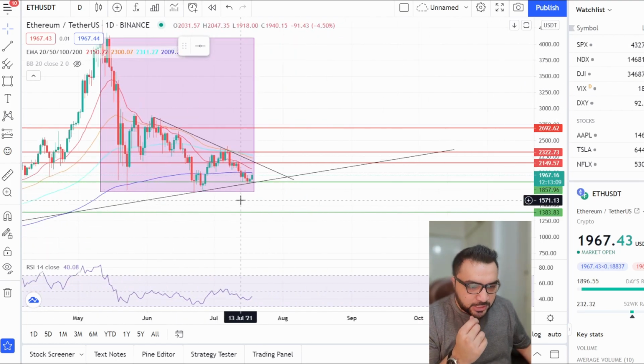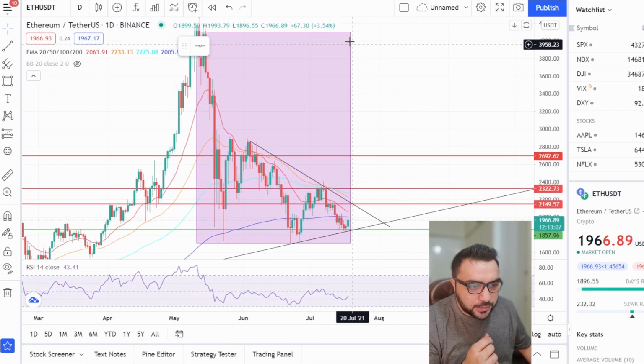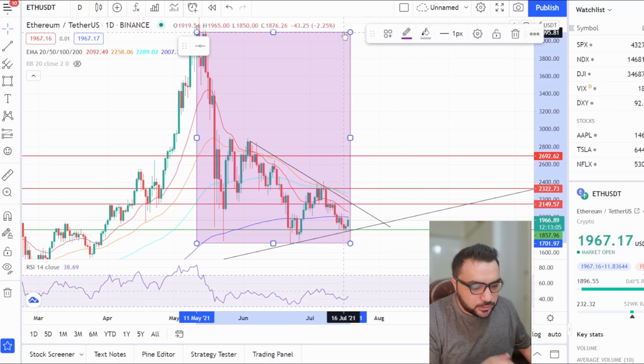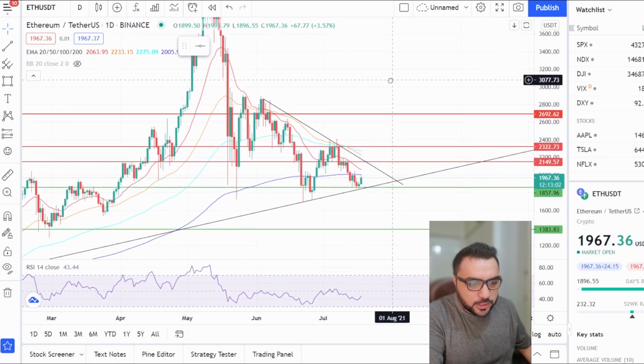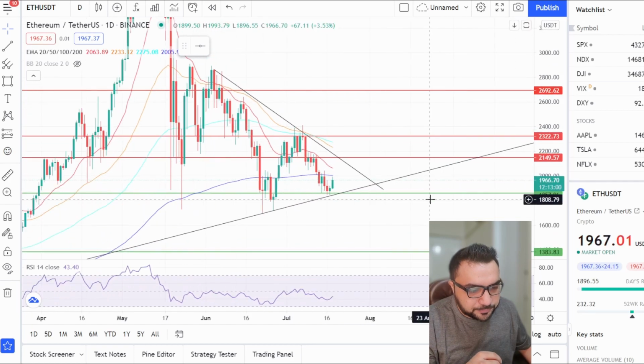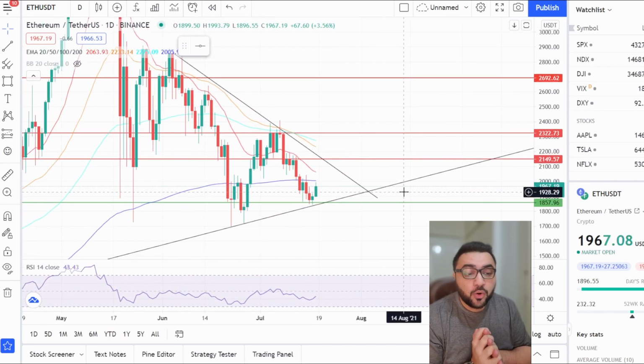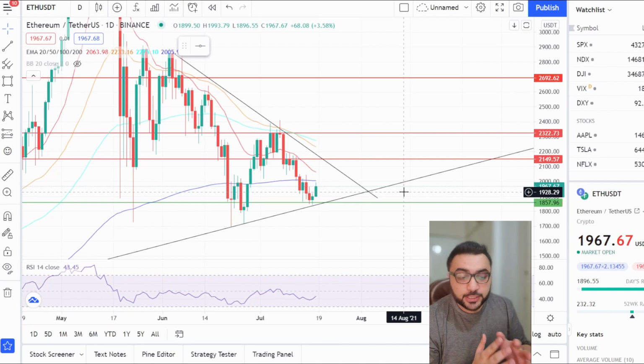Right. So, for example, here, if I clean this chart, let's delete this rectangle, you'll see that the EMAs are all very high in the daily chart. They are acting as resistances, right? And it's somewhat telling you that the chart is declining. It's on a downward trend, but it's going to be a totally different game in a different time frame, right?